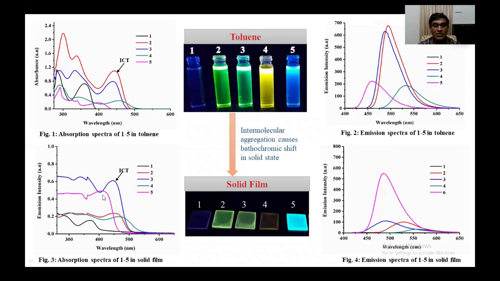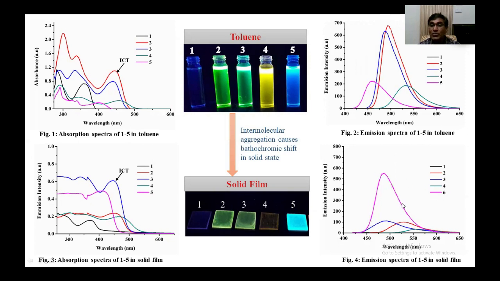And on the right side are the emission spectra of 1 to 5 in toluene and in solid film. Now you can see all the molecules are emissive in the solution state, particularly the second molecule and this third molecule, that is the diphenylamine and naphthylamine. One is non-emissive. But in the solid state, the molecule having the carbazole donor shows very good emission, up to 550, that is the emission intensity, as compared to the other derivatives.